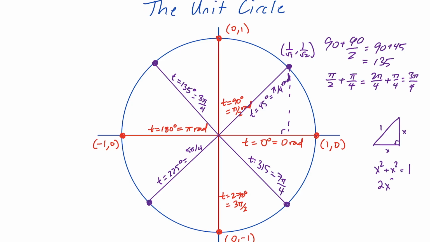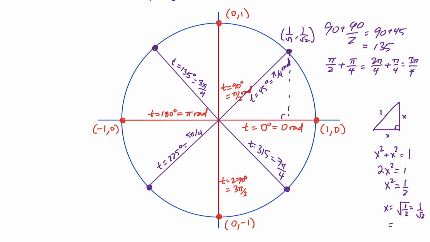So we have 2x squared equals 1, or x squared equals 1/2. And if we take the square root, we get the square root of 1/2, or 1 over the square root of 2. Now sometimes people like to rationalize the denominator and write this as square root of 2 over 2. I'm okay having an irrational denominator and just writing this as 1 over root 2, 1 over root 2.